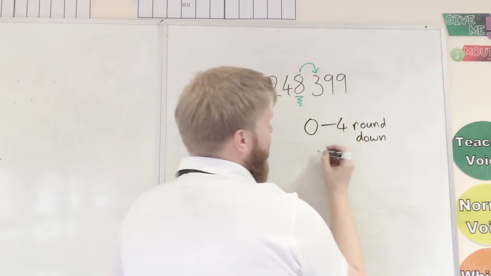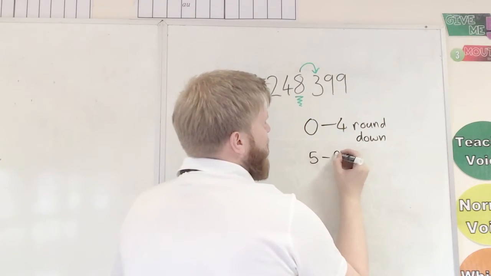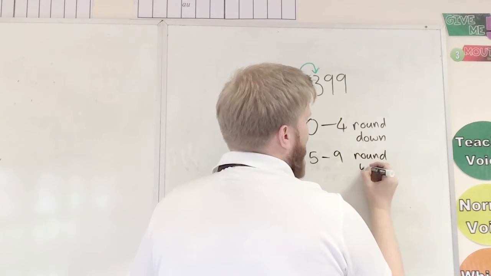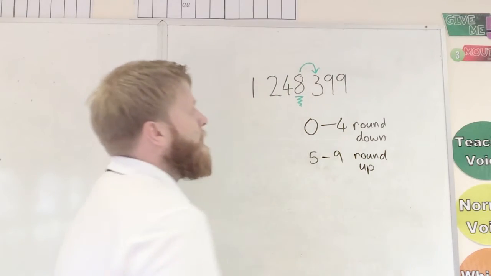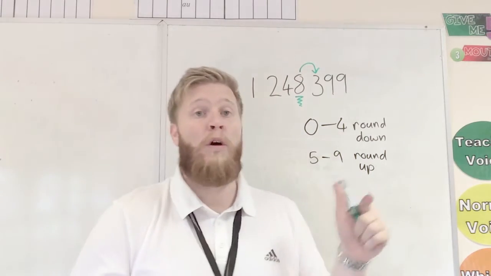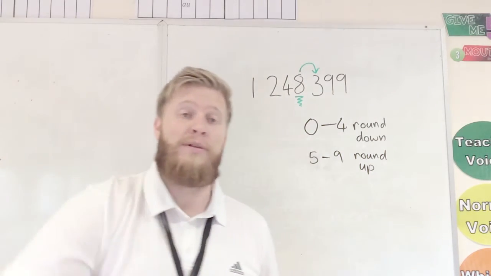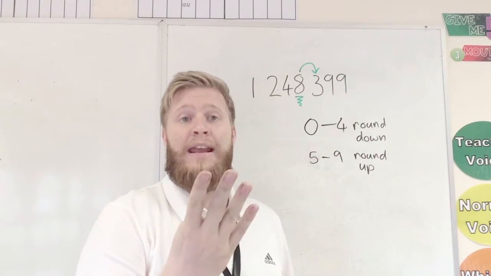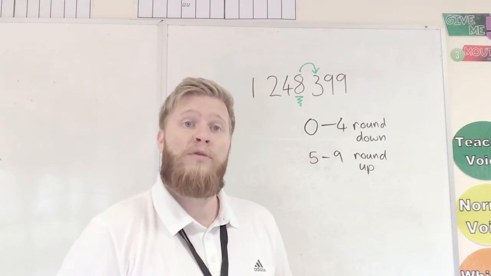If that number is a 5 to 9, we are going to round up. So if it's 0, 1, 2, 3 or 4, we're going to round down. If it's 5 or higher, 5, 6, 7, 8, 9, then we're going to round up.